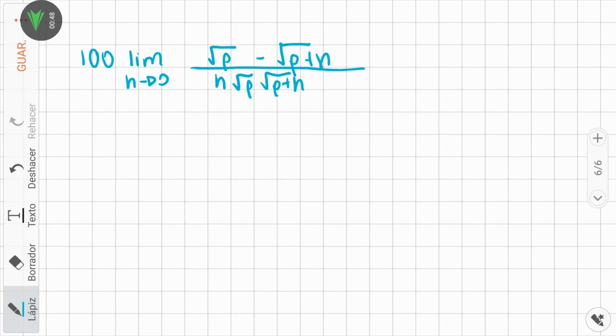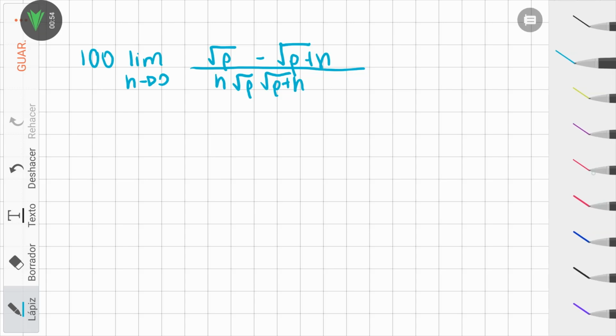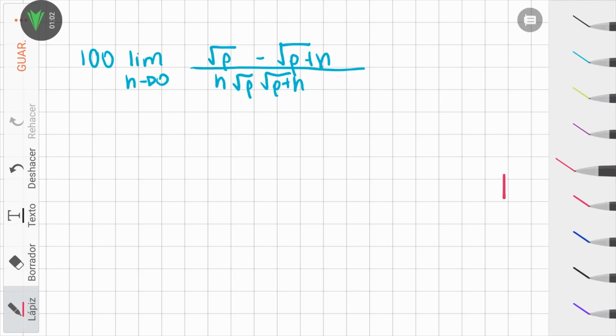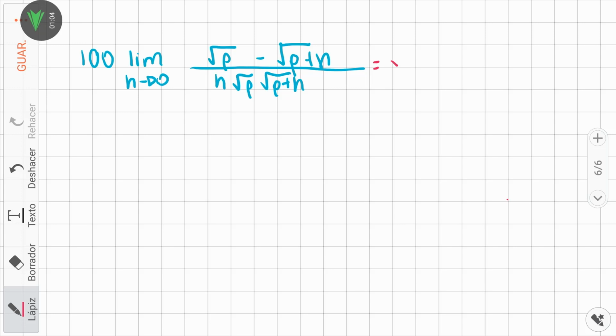Now we can try and test this to see if it's undefined or not. So let's try it out. Simply substitute every h with 0. That would give us the square root of p minus the square root of p plus 0, over 0 times the square root of p times the square root of p plus 0, and it really doesn't matter what 0 is multiplying because you know that it will give us 0.